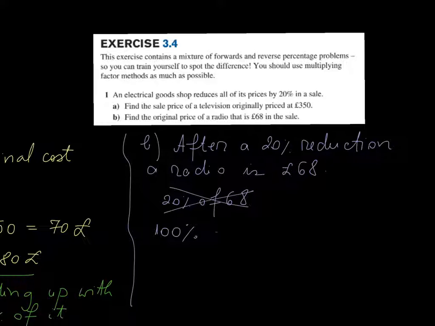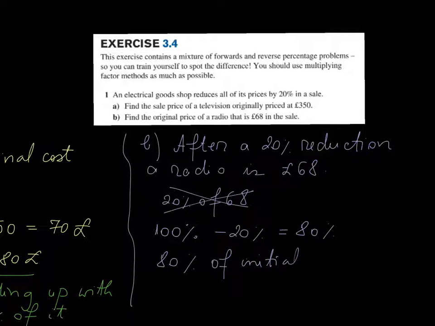A reduction by 20% means that I end up with 80%. So the equation with the multiplier tells me that 80% of the initial, which I don't know, will give me 68. So 0.8 times the initial is 68.